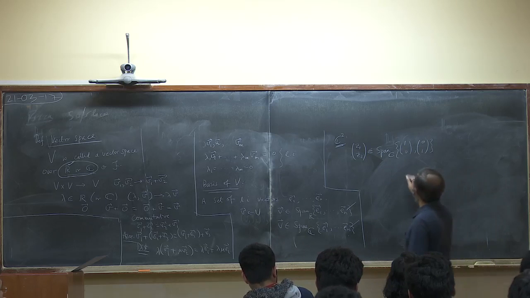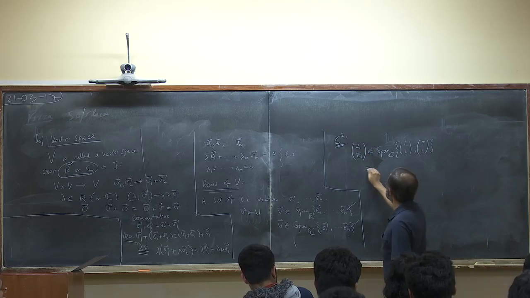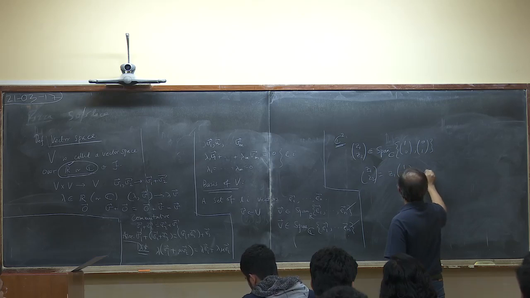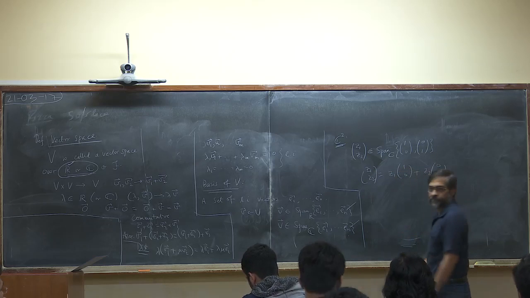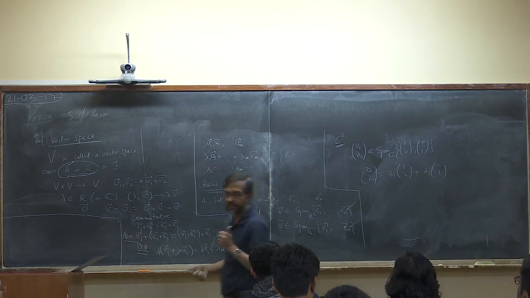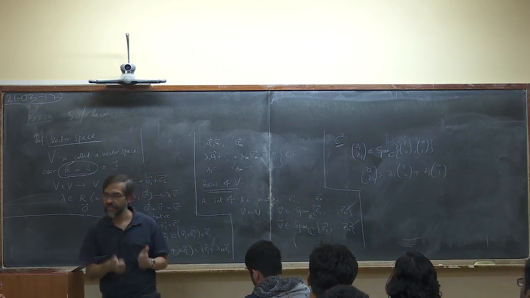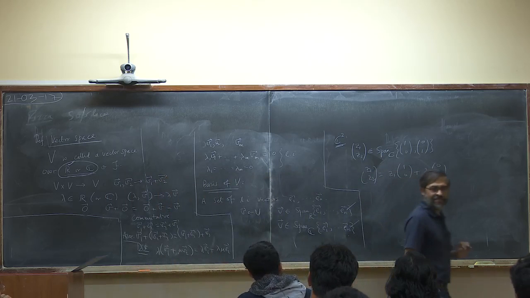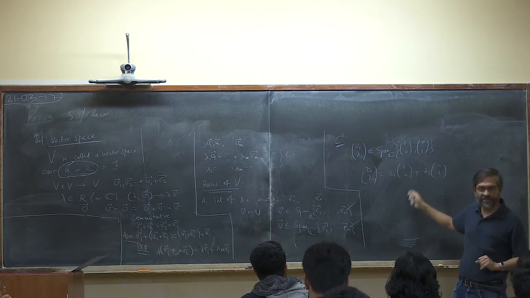Why? What do I mean by this? That (C1, C2) can be written as C1 times (1, 0) plus C2 times (0, 1). So I need two basis vectors, and they are linearly independent, and with the help of two basis vectors only, I can write any (C1, C2) like that as a linear combination.